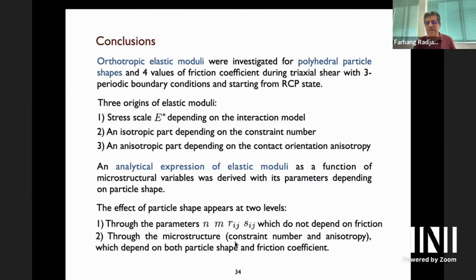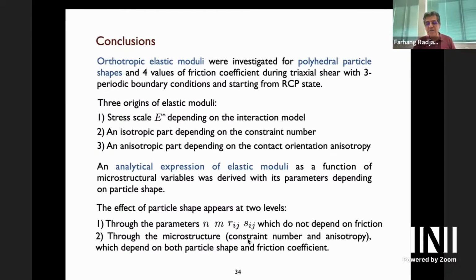If we know how the microstructure is changing, in terms of the anisotropy and the connectivity of the network, we can predict the values of the elastic moduli. And we can probe it experimentally using waves, for example.